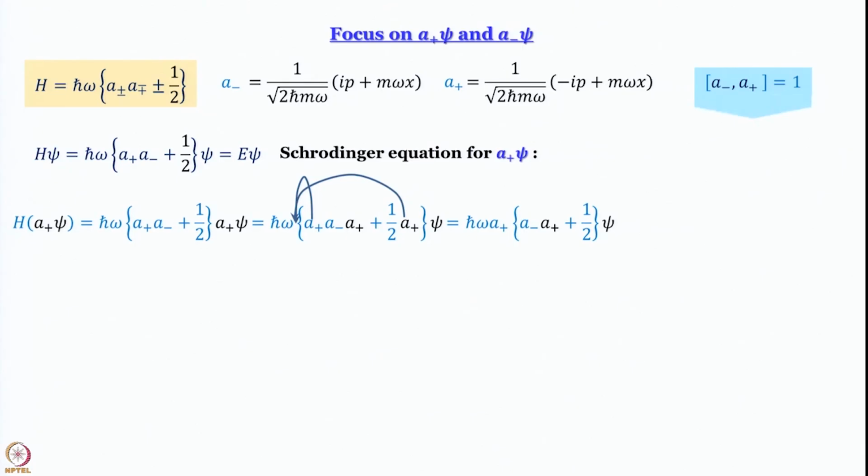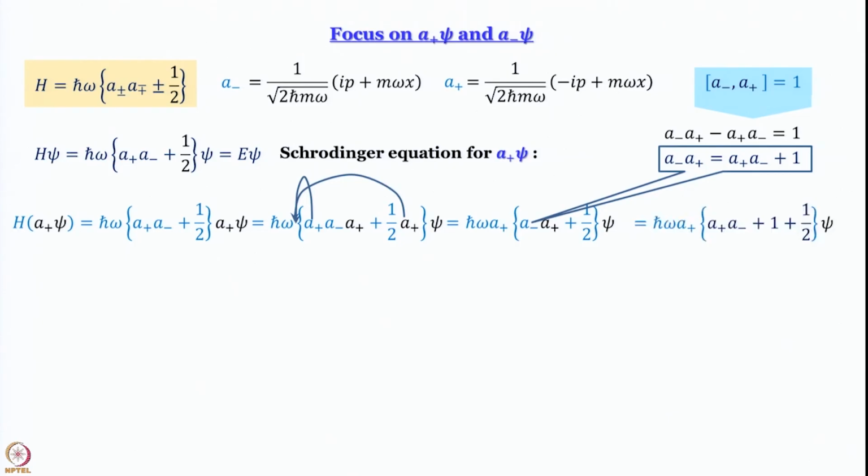Okay. So, let us expand this a little bit. What it means is A minus A plus minus A plus A minus is equal to 1, or A minus A plus is A plus A minus plus 1. Next step should be very obvious. I will take this and I plug it in there. Why am I doing this? In order to get an expression like that of the Hamiltonian.